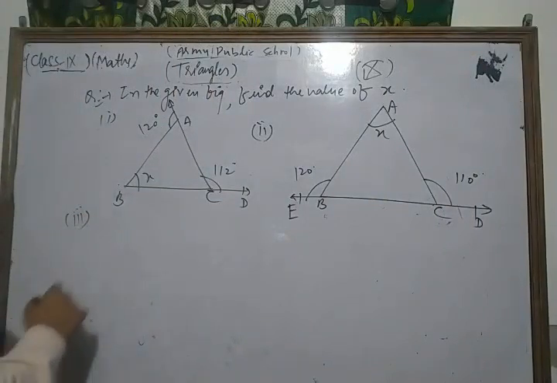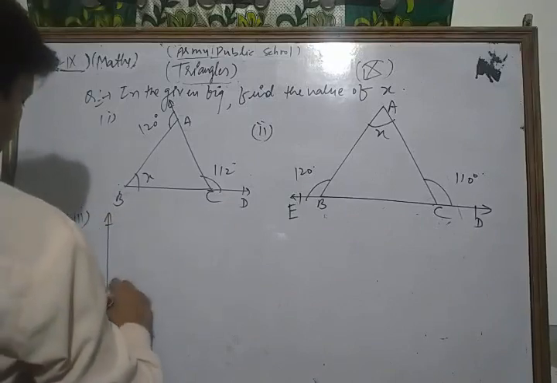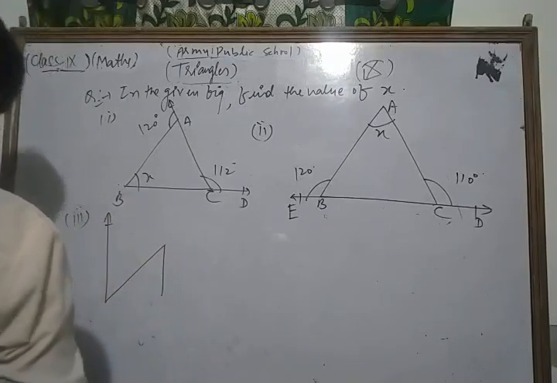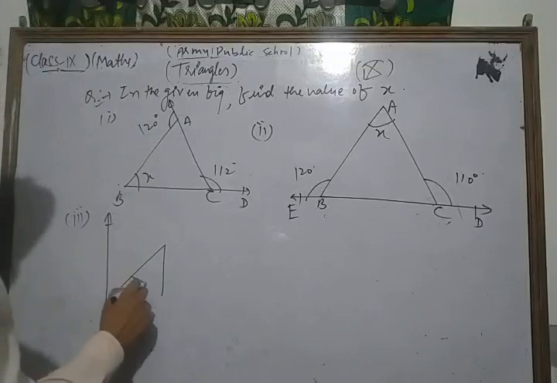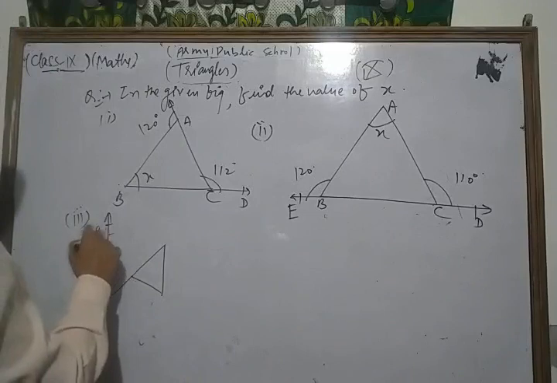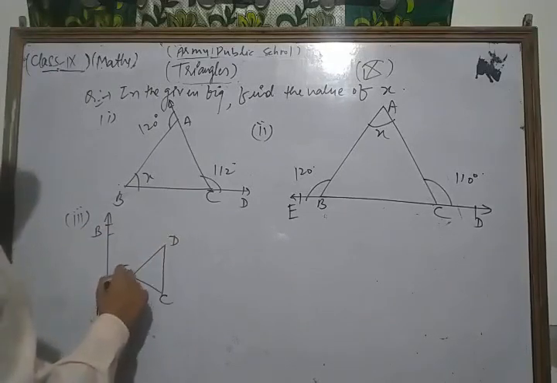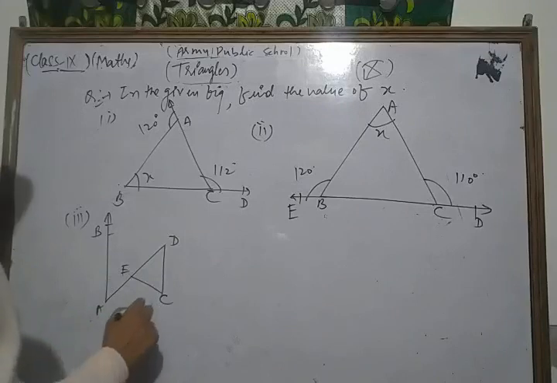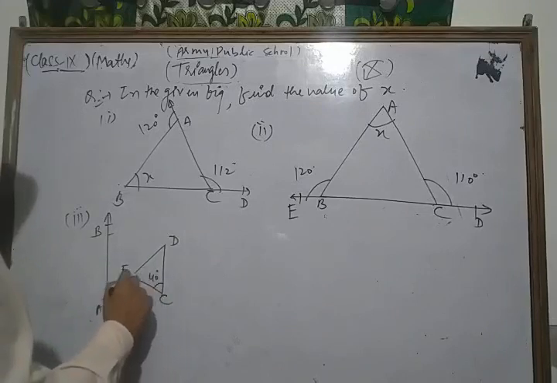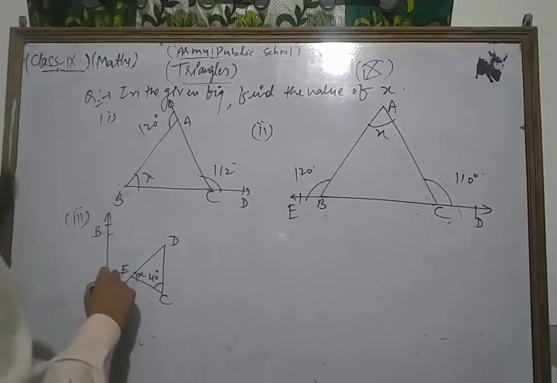Third part of this question is what? This is A, B, C, D, E, and this is 40 degree, this is x, and this is 52.